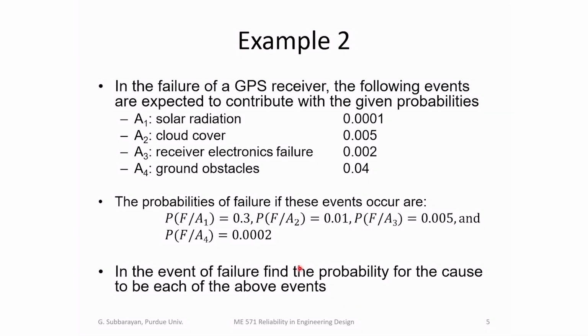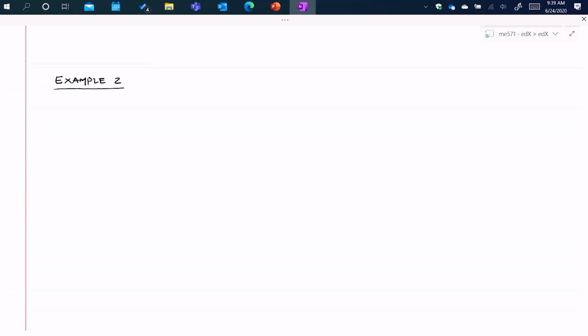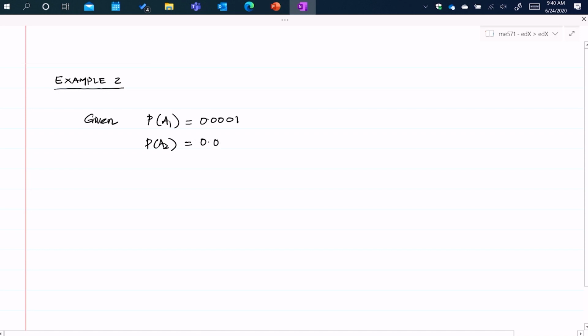All right, so I'm going to switch over to my notebook so I can hand solve this problem. What we are given is probability of A1 is 0.0001. Probability of A2, and these are all the probabilities of these events occurring, like cloud.